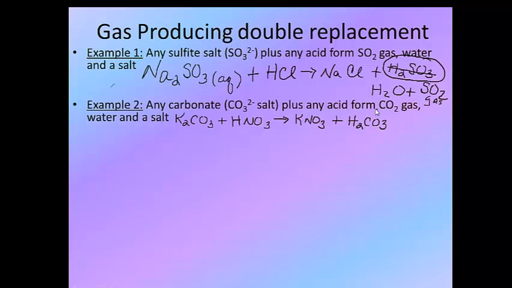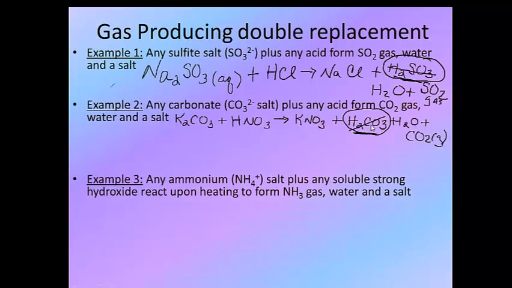You have to recognize that this breaks down again into your water and your carbon dioxide gas. So again, the issue is recognizing that guy and that guy. A little voice inside your head has to be there to tell you that it breaks down a second time.